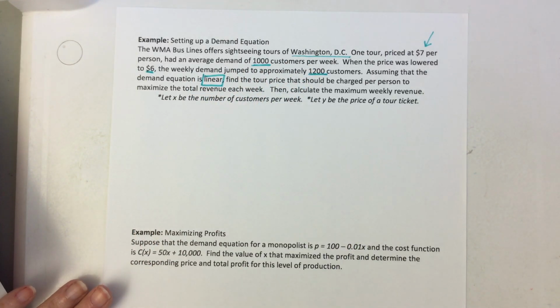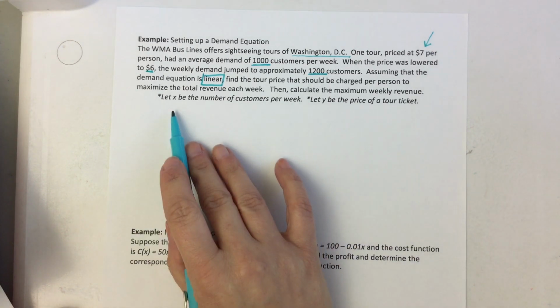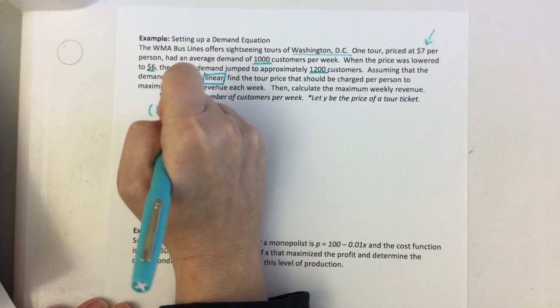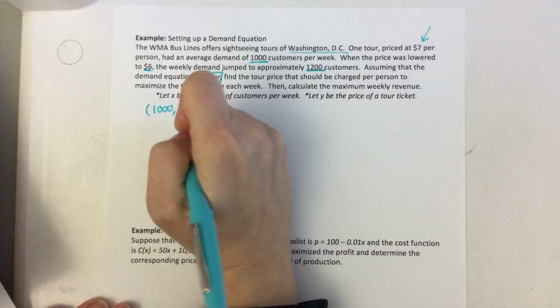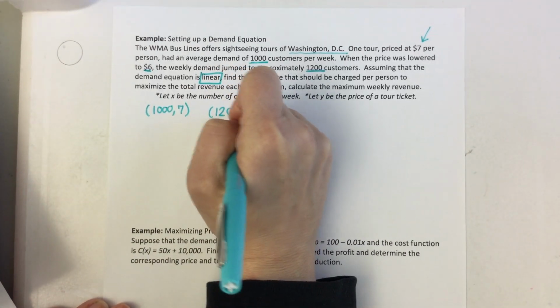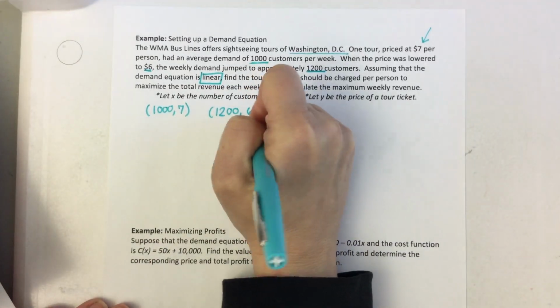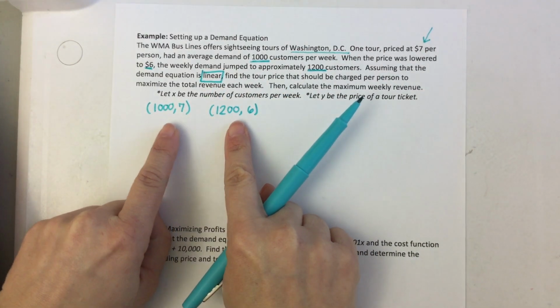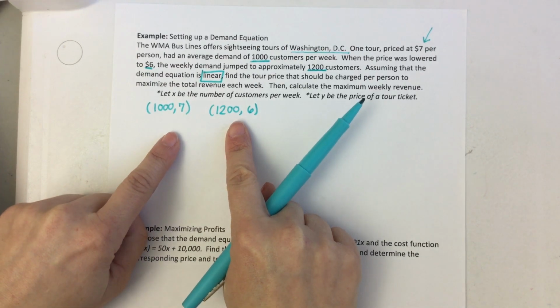We could go ahead and do 2 ordered pairs. x is the number of customers, y is the price. So I had 1,000 customers when the price was $7. Then there were 1,200 customers when the price was $6. It's linear. We need to turn this into an equation. So we just jumped all the way back to the beginning of calculus.